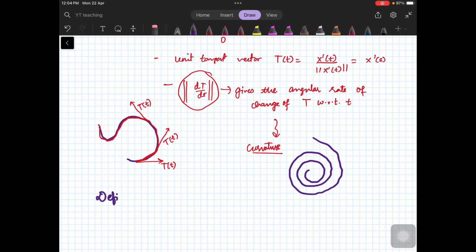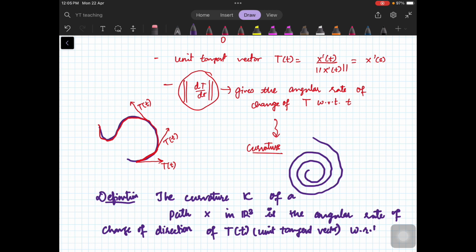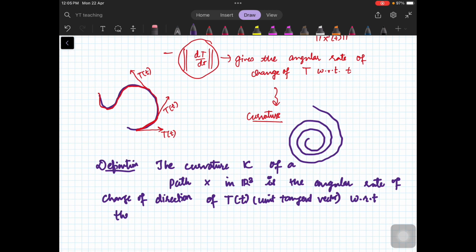The definition is: the curvature kappa, the notation is like a k, of a path x in R cube, is the angular rate of change of direction of the unit tangent vector T with respect to the parameter s, which is your intrinsic parameter now.